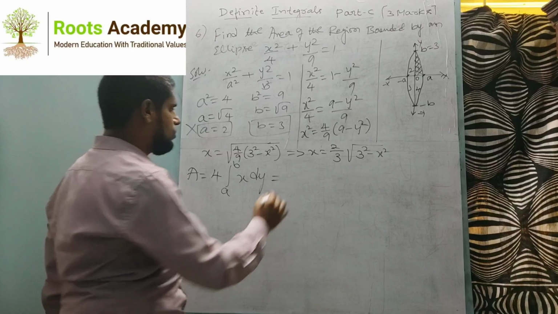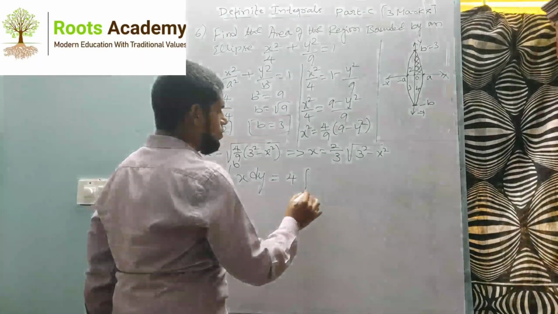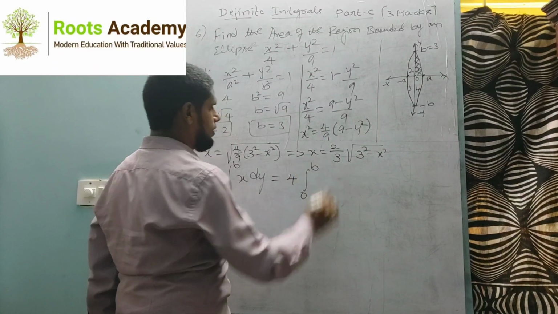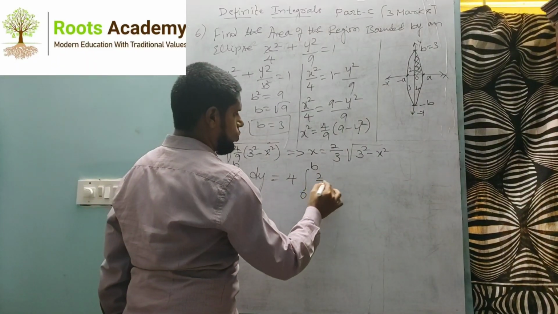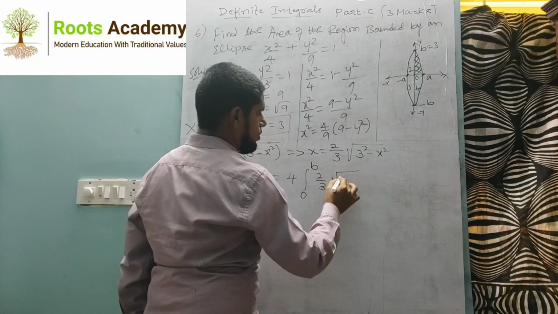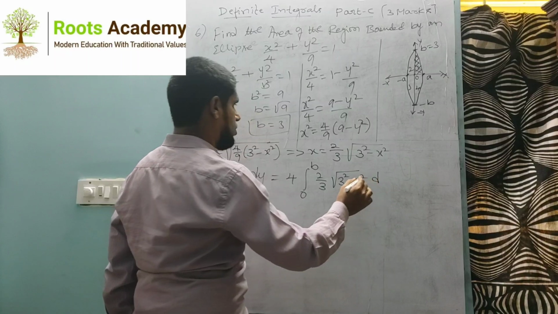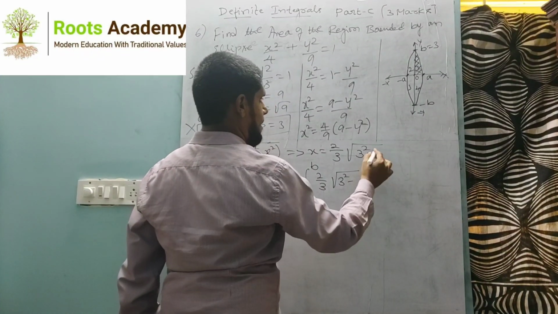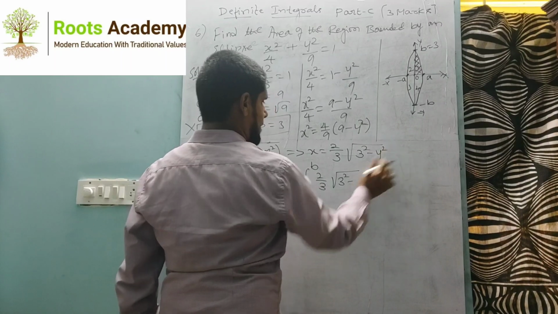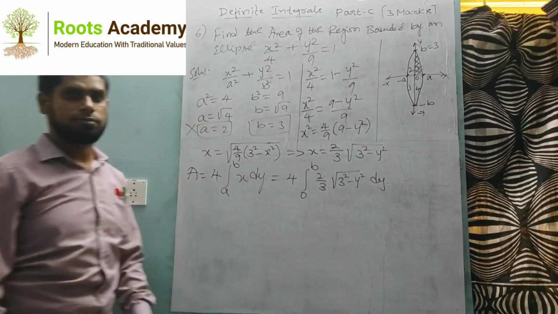This is equal to 4 as it is. a value is 0, b value is 3. x is how much? 2 by 3 root of 3 square minus, sorry, it is not x square, it is y square, dy.